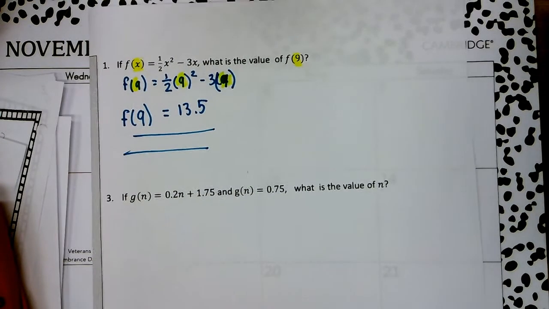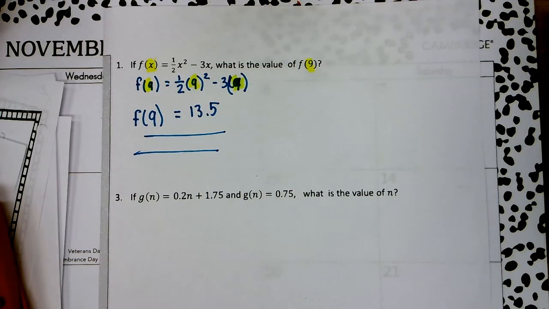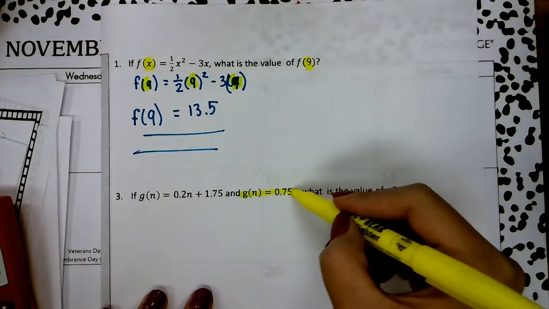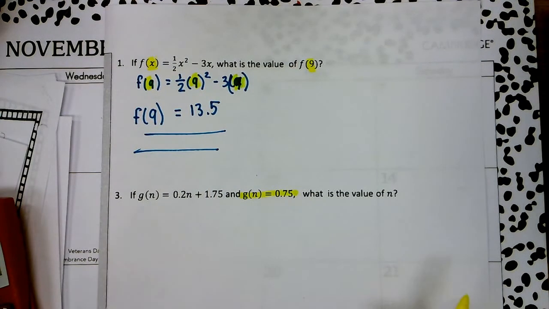All right, number 3 says if g of n, so now we're talking about a function g, is equal to 0.2n plus 1.75, and g of n is equal to 0.75, what is the value of n? So here, this problem is a little bit different because it tells us that g of n is equal to 0.75.